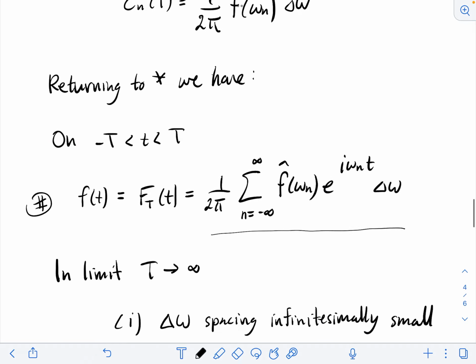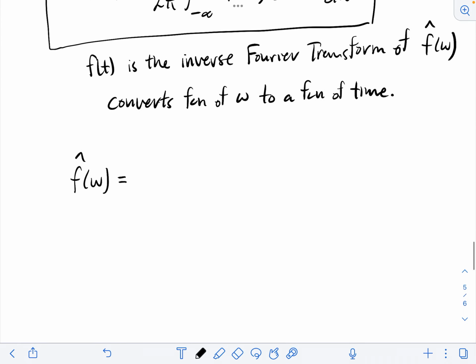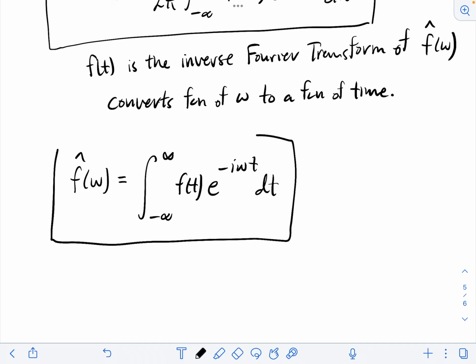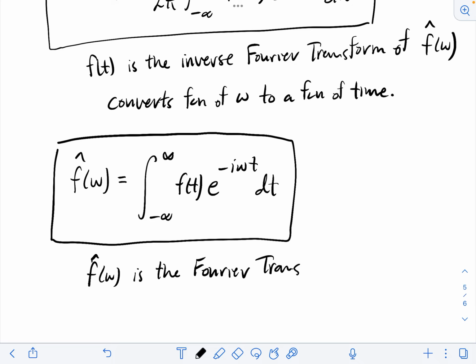So it's the integral from minus infinity to plus infinity of f of t e to the minus i omega t, and this is going to be an integral over time. So f hat of omega is the Fourier transform of f of t. It converts the function of time to a function of frequency.